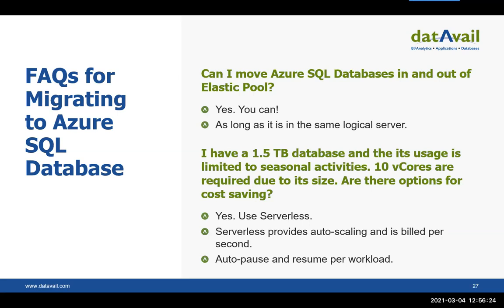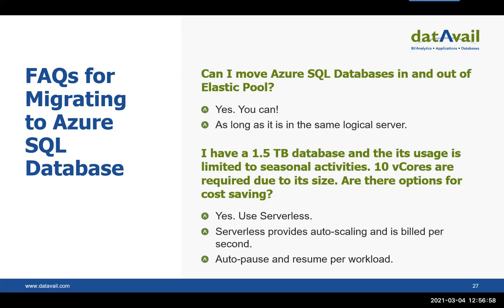Another FAQ is that I have, for example, a 1.5 terabyte database, and its usage is limited to seasonal activities. For example, tax season is coming up, and the database is specifically only for filing taxes, or after April you may have limited usage.